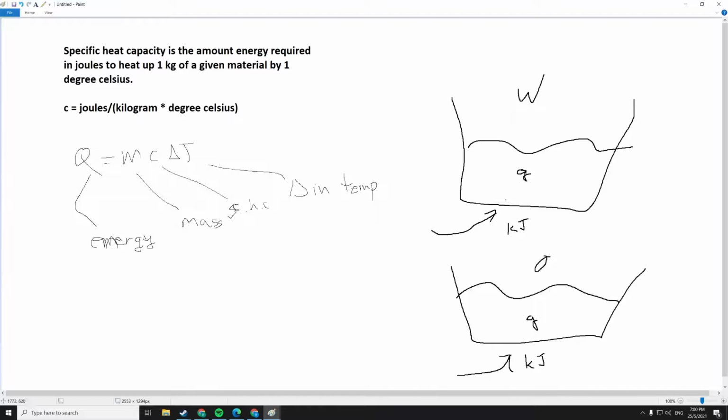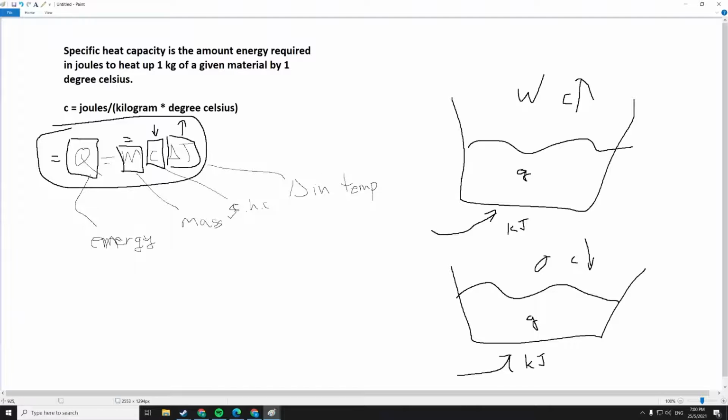What we're saying is that because the specific heat capacity of water is greater and the specific heat capacity of oil is lower, as you can see here, for the same amount of energy, if this is constant, if C goes down, then the temperature change, assuming mass is also constant, must go up, so that the equation can hold true, right?